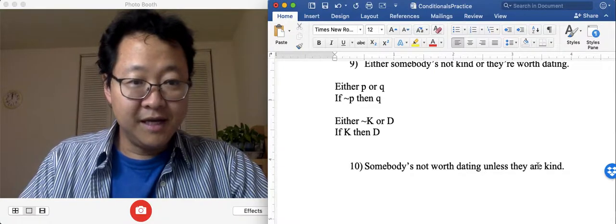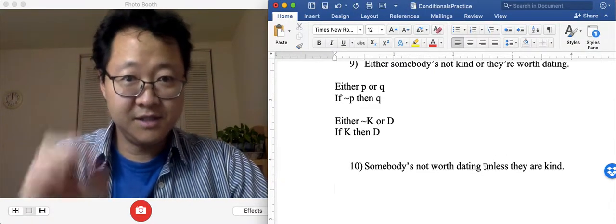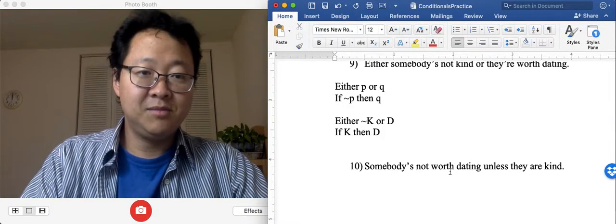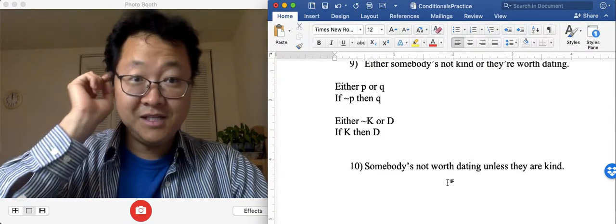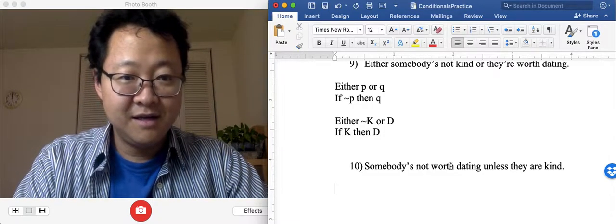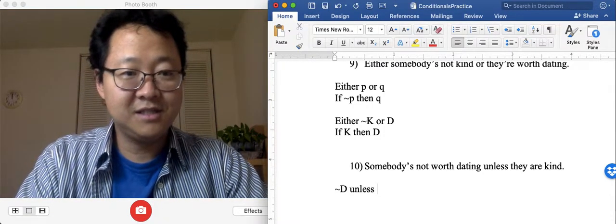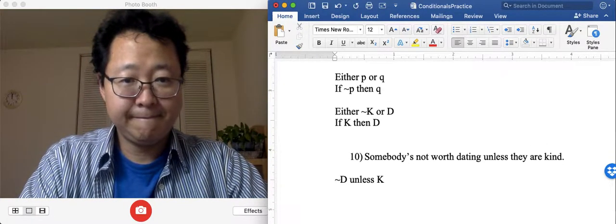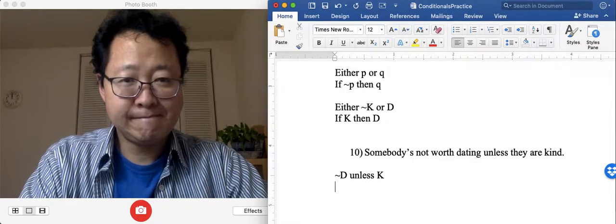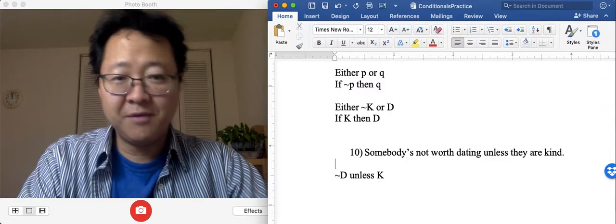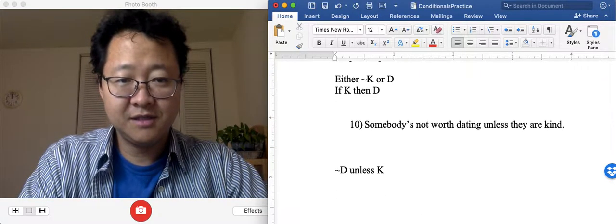Someone's not worth dating unless they are kind. So let's plug in the letters. First of all, that's our step one. Someone's not worth dating. You have to remember the negations, right? Someone's not worth dating. Not D unless they are kind. K. Okay. Now let's try to remember the formula for this.